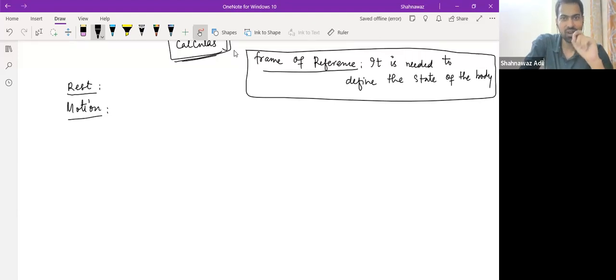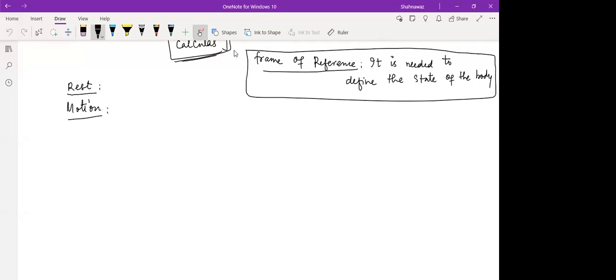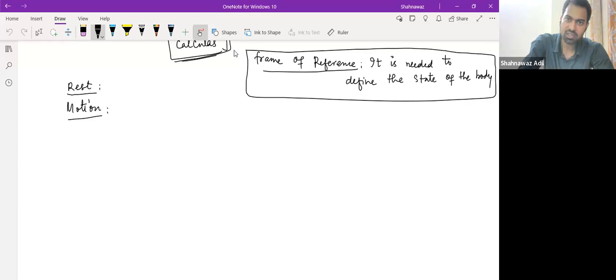I am not in contact with the people outside of the car. The person sitting beside me will see me moving or in rest? In rest, sir. Right. So the person who is sitting beside me is the frame of reference. According to that person, I am in rest.